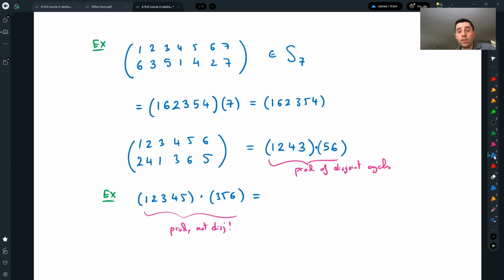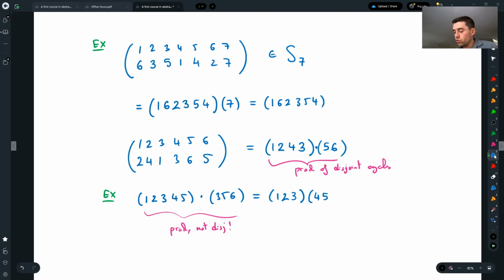So I'm going to do like I've done before. Let's see where 1 goes. 1 goes to 2. Okay. 2 is fixed here, but 2 goes to 3 here. So 2 goes to 3. Now I see that 3 goes to 5 here. And then 5 goes to 1. So 3 goes to 1 overall, and it closes this cycle. Great. Now I go for the next number that I haven't touched yet, which is 4. 4 is fixed here, but 4 goes to 5 here.